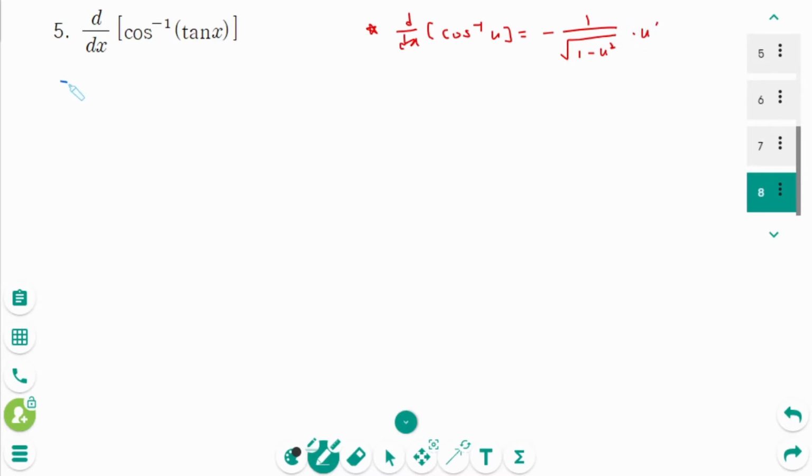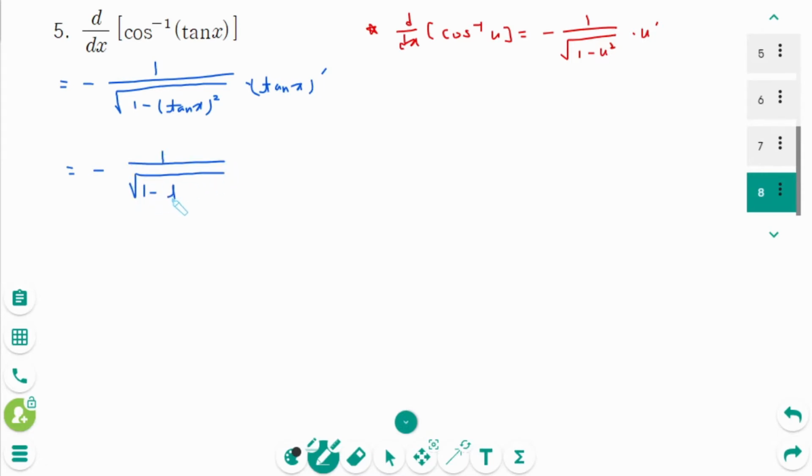Back to the original, equals minus 1 over square root of 1 minus, where the u part is tangent of x, squared, times tangent of x prime, equals minus 1 over square root of 1 minus tangent squared of x times secant squared x, equals minus secant squared of x over square root of 1 minus tangent squared x.